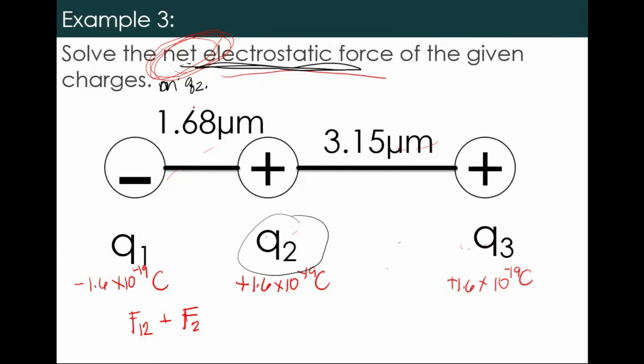In this case, it acts on Q2. So for Q2, we have F12 and F23. That is equal to the F net or the net electrostatic force.